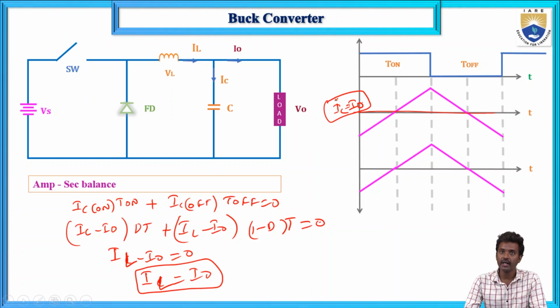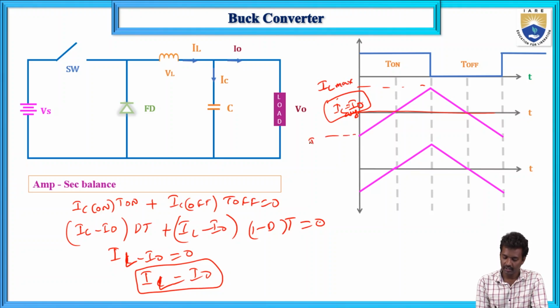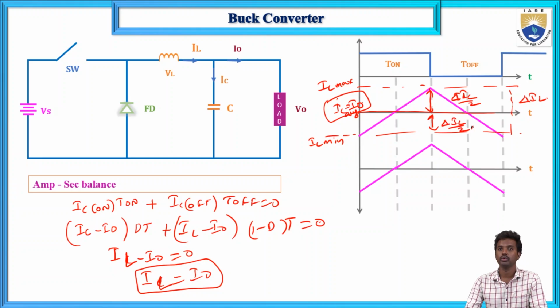The output current equals the average inductor current. Now here this is IL maximum and this is IL minimum, and the difference between IL maximum and IL minimum is del IL. So this is del IL, del IL by 2, and this one is del IL by 2.